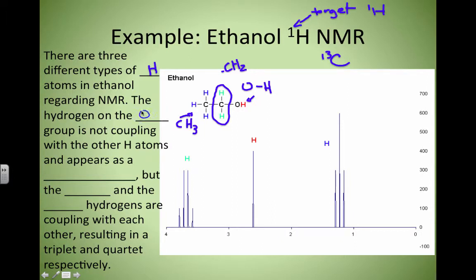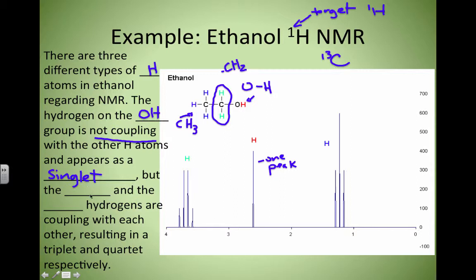The hydrogen that's on the OH group is not coupling with any other hydrogen atoms. It's the only hydrogen that's there, so we get just this one peak because it's not interacting with other hydrogen atoms, it's just interacting with an oxygen atom. We call this a singlet because it's one peak.